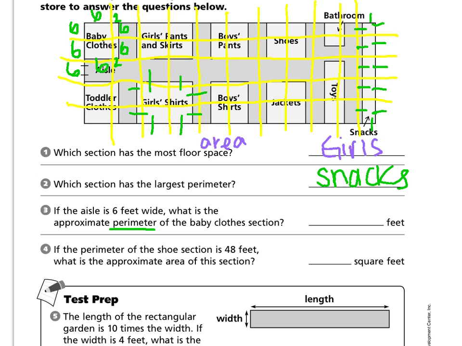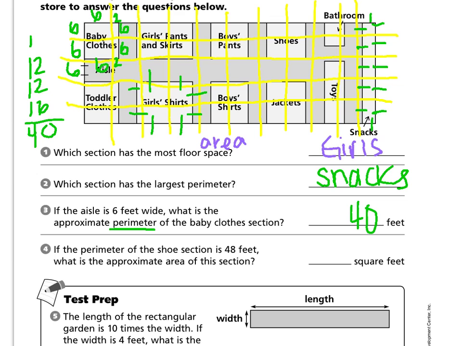So I'm going to add that up, and I know that 6 plus 6 is 12. So I have 12 and 12 on the sides, and I have 8 plus 8, which is 16. So I have 12 plus 12 plus 16. So I have a perimeter of about 40 feet.